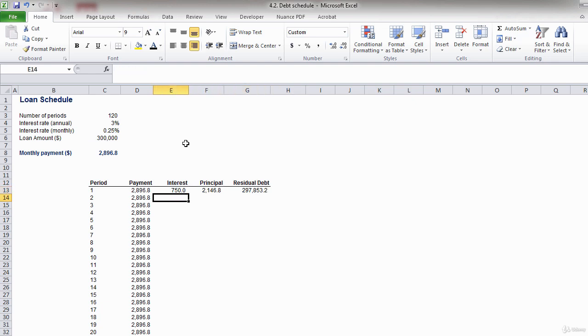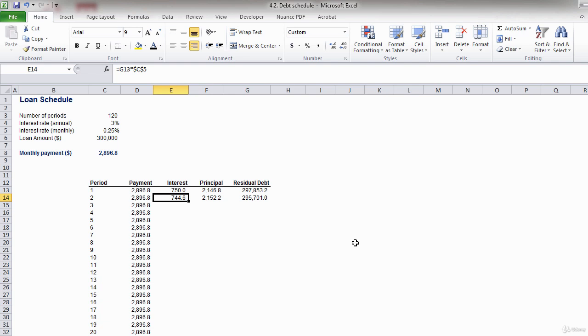Okay, good. Let's do the same thing on the row below. I'll multiply the interest rate by the residual debt, fixing the cell references of the interest rate. Then, I'll take the difference between the payment that was made and the amount of interest. This is the principal that will be repaid in this period. Okay. Let's calculate the amount of residual debt by taking the difference of the amount that was due before this period and the principal repaid in this period.